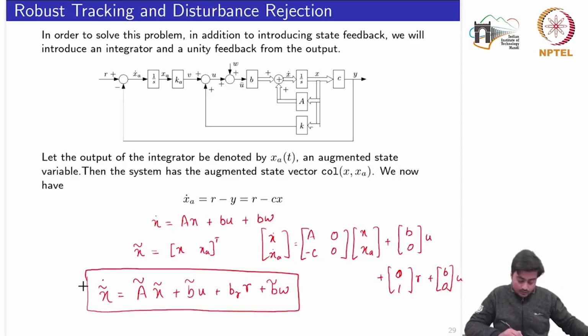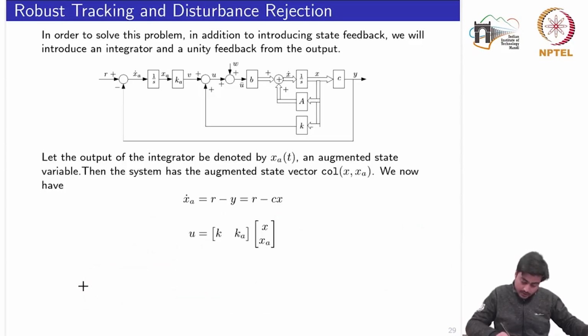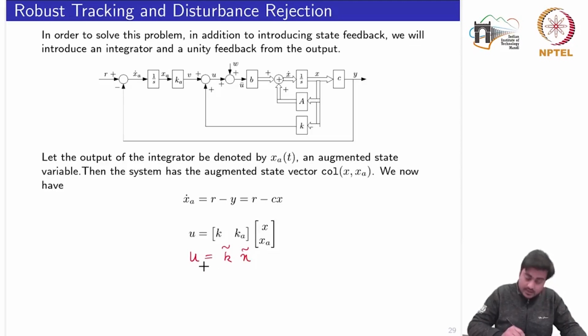Okay, now for this plant we design the controller as u equal to the vector k and ka, taking the feedback from the augmented state, which is x tilde. So this we can say as k tilde, and this one as x tilde, which we have assigned. So our u would be given as k tilde x tilde.